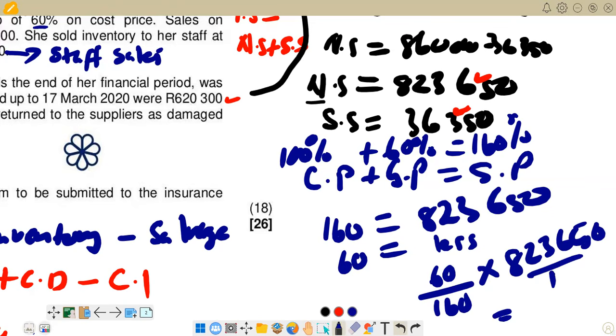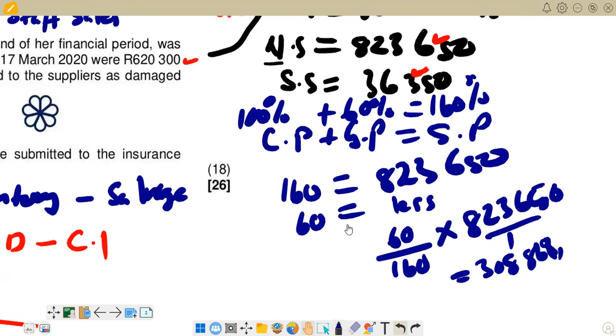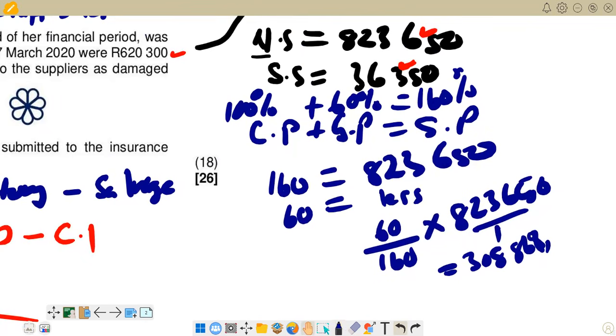If you make that calculation for the gross profit, you find that the figure you get is 308,868.75.